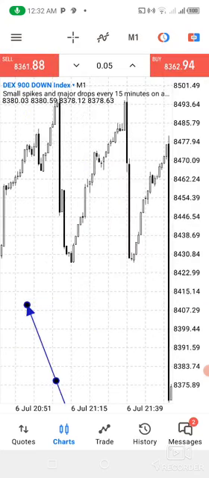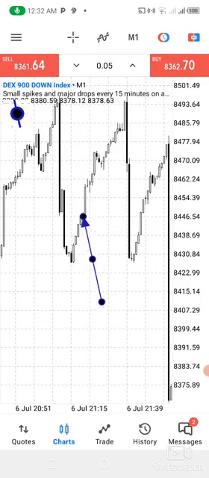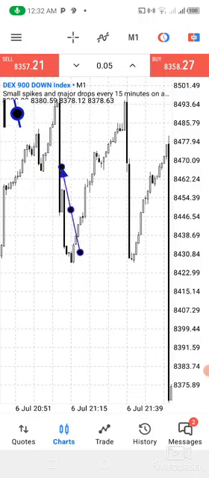So if you look, this is the 1 minute time frame, so you will see a series of spikes, or bull candles, and also some small drops inside. But our concern is the major drops. In this DEX 900 down index, the key property is that a major drop occurs every 15 minutes on average.